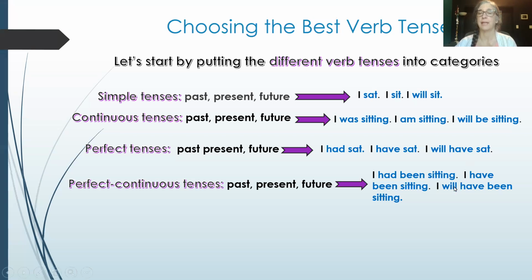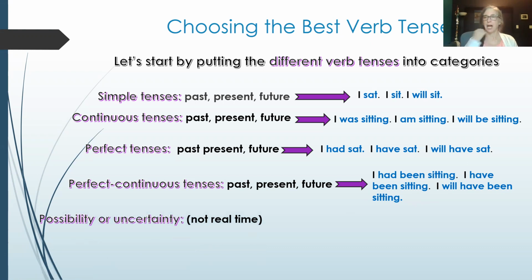And notice we even have one that is 1, 2, 3, 4 words. The complete verb will have been sitting takes 4 words put together in a very specific formula to create this particular verb. And now we tend to think about time as past, present, and future.